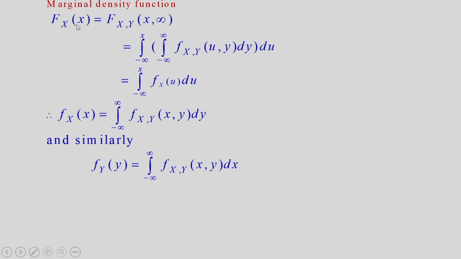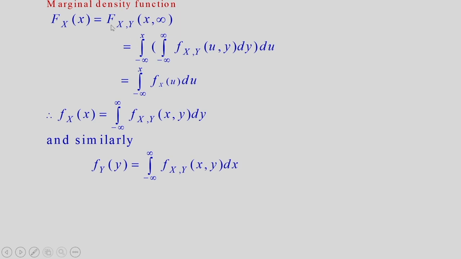For example, F_X(x), that is the CDF of X, we showed is equal to the joint CDF of XY at point (x, infinity). If we write it in terms of the PDF, this will be the integral from minus infinity to x, and since the other limit is infinity, the integral from minus infinity to infinity of the PDF.